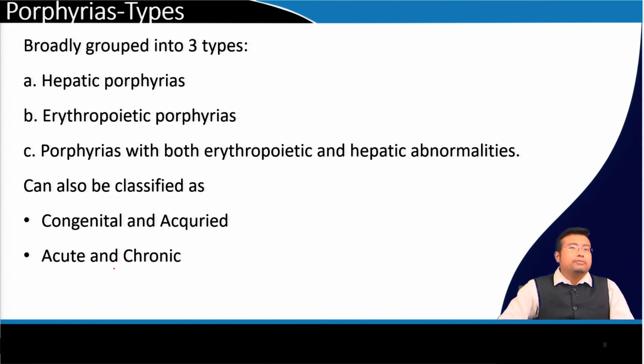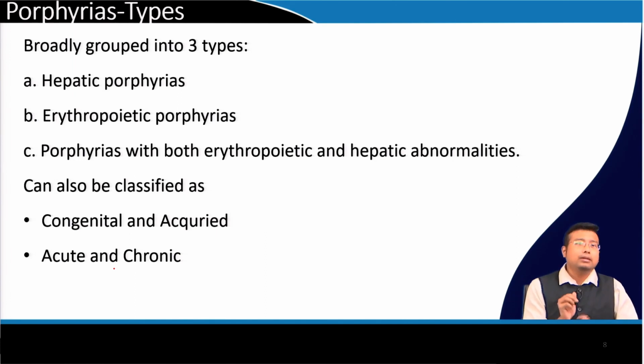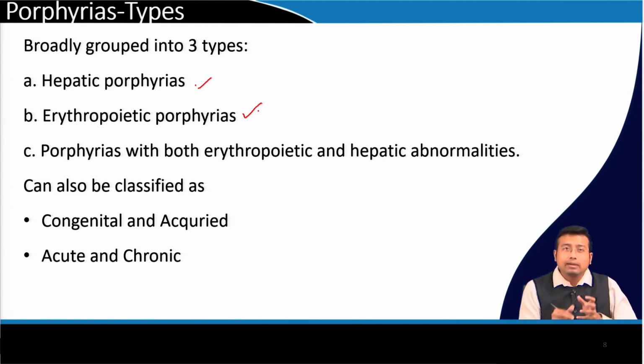So can we classify the porphyrias? Yes, depending on the symptoms, depending on the metabolic pattern, they can be classified, right. They can be broadly divided into hepatic porphyrias, erythropoietic porphyrias, and a mixed variety, basically some porphyria which has both erythropoietic and hepatic abnormality, okay.